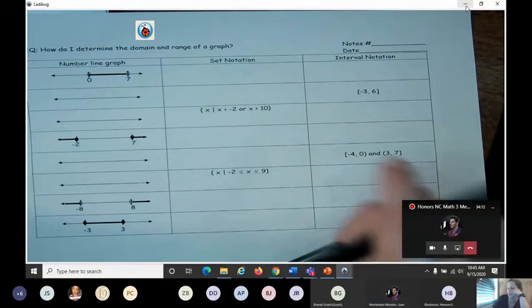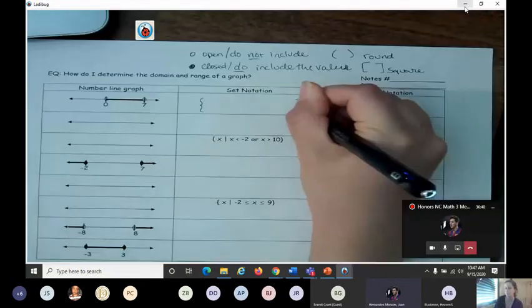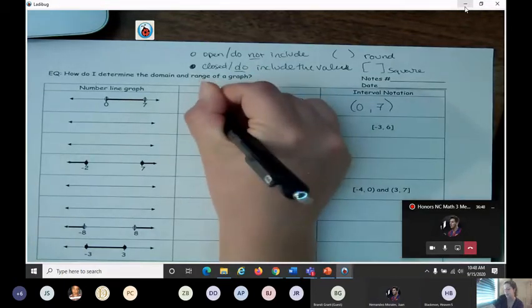So in set notation, we start and end with curly braces every time. Our set is going to look like this: we're going to put an X in here. We're going to say X is, and this line right here means such that.